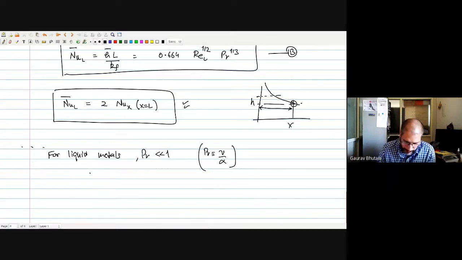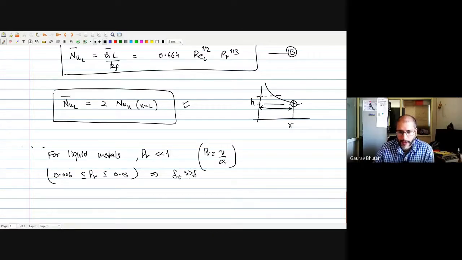Typically for liquid metals, your Prandtl number is between 0.006 and 0.03. As we discussed, this results in our thermal boundary layer being much larger than the momentum boundary layer, because the energy diffuses much further as compared to the momentum.